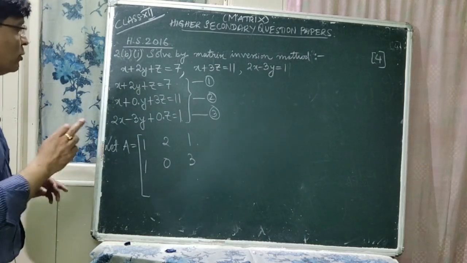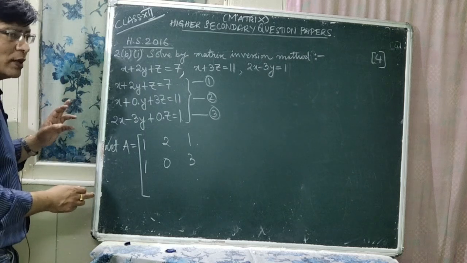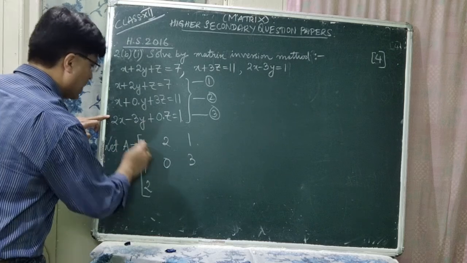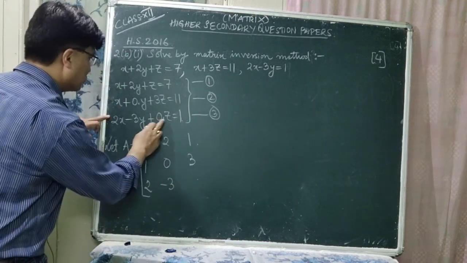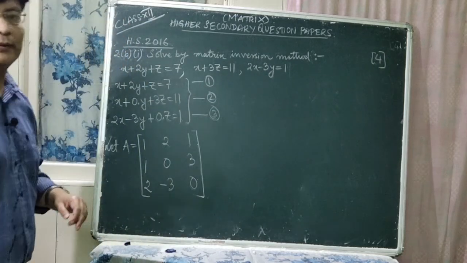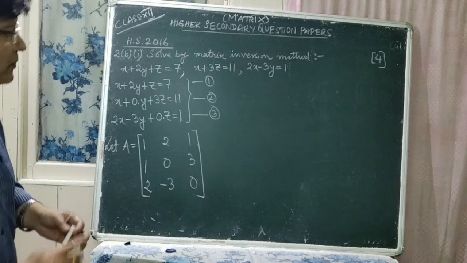Next, in the third row, you will write down the coefficients of x, y and z from the third equation. So what are the coefficients here? Coefficient of x is 2. Coefficient of y here is minus 3. Coefficient of z is 0 here. Is that clear now? So this is the coefficient matrix.